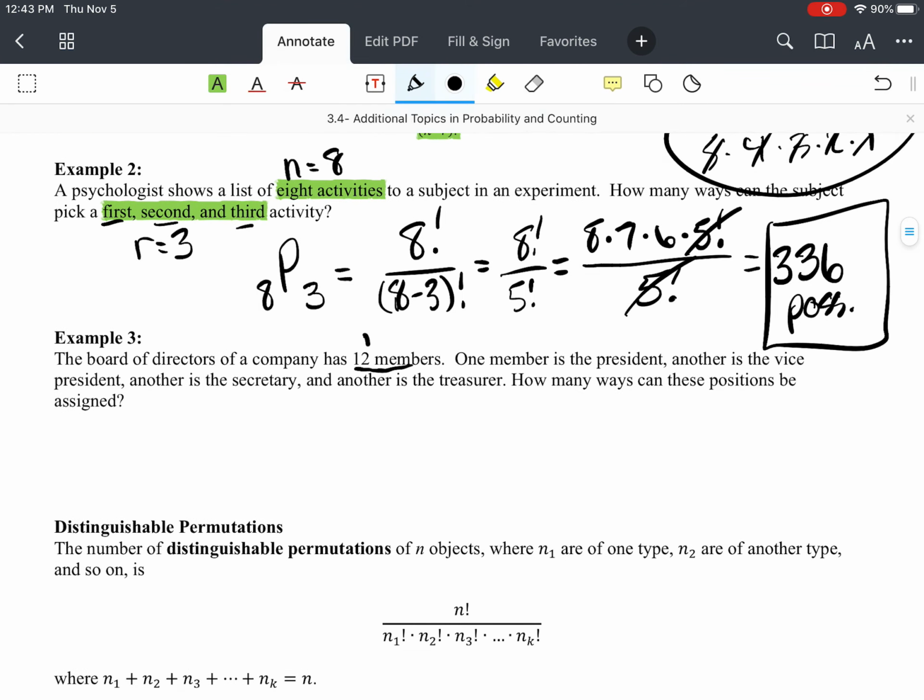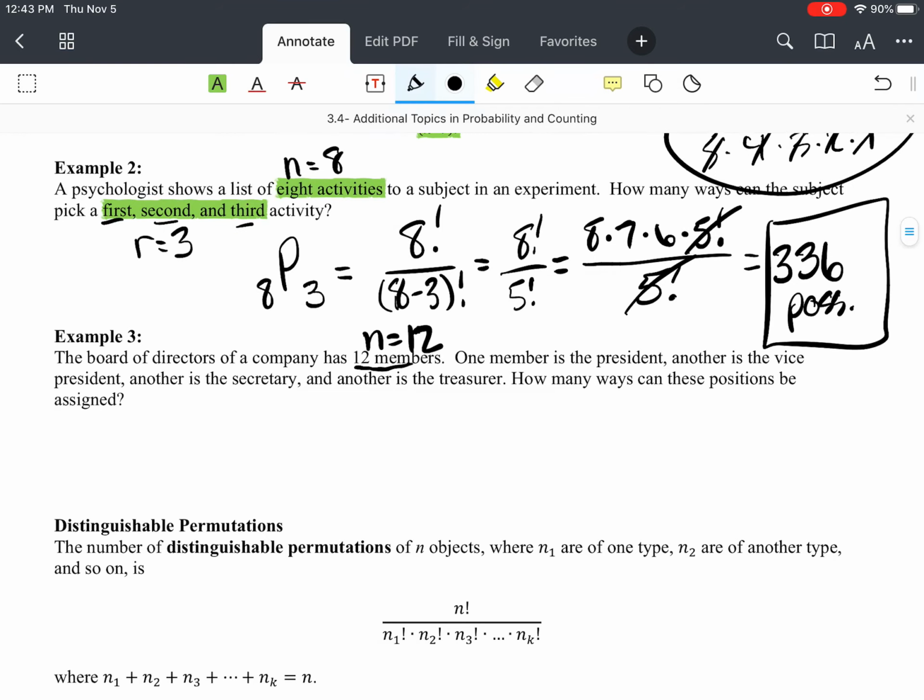Example 3 says the board of directors has 12 members, so this is our n equals 12. One of the members is president, one is vice president, another is secretary, and another is treasurer. So we have 4 positions, so r would be 4. Again, order matters because we have a ranking system: president, vice president, secretary, and treasurer. We want to know how many different ways we can assign positions.